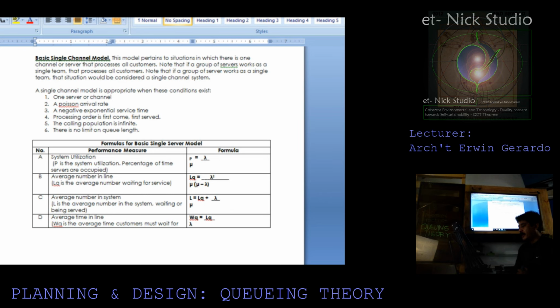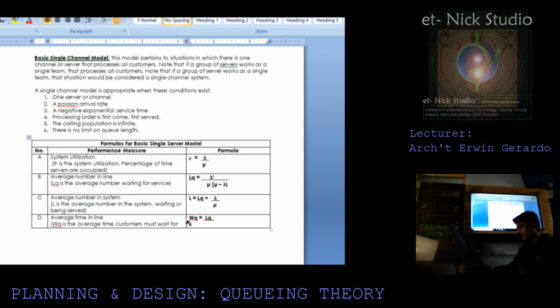The performance measurement using the system utilization, where ρ is the system utilization, the percentage of time the server is occupied. These are the formulas that we need to use in our model. I would like you to look carefully at how these formulas are applied in this particular problem.